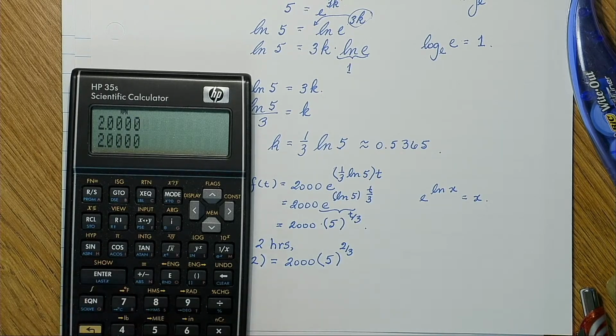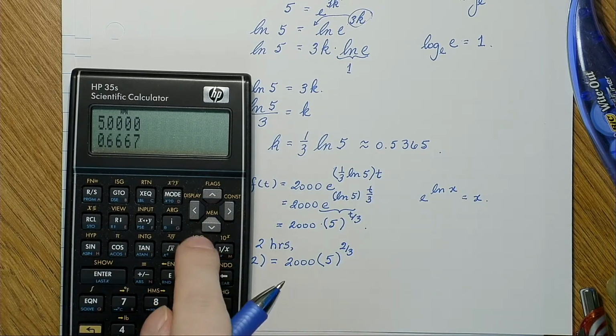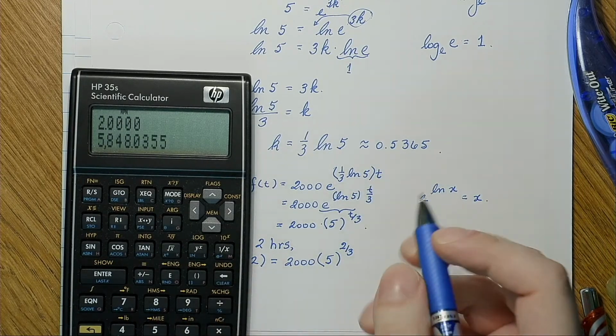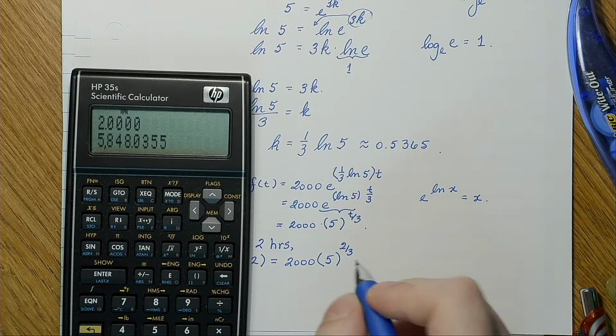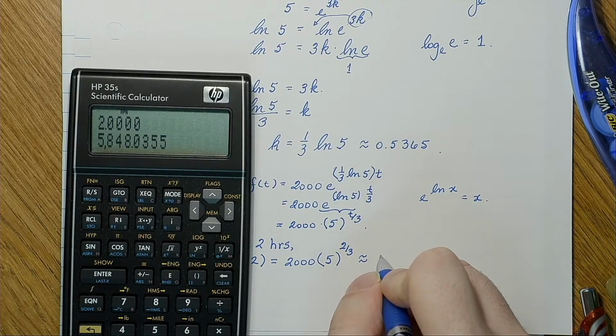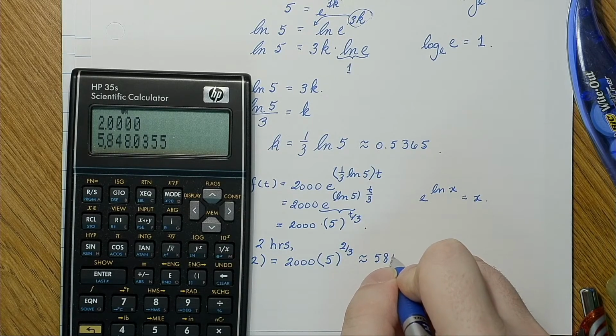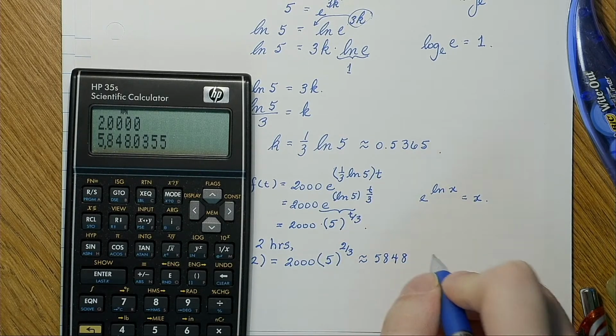Maybe I'll put in my base first, and taking the exponent, I get 2.92, and multiplying it by 2,000 gives me approximately, rounding to the nearest whole number, 5,848 bacteria.